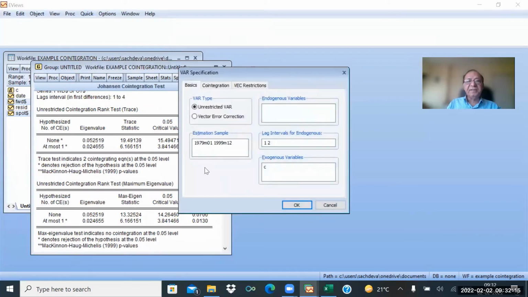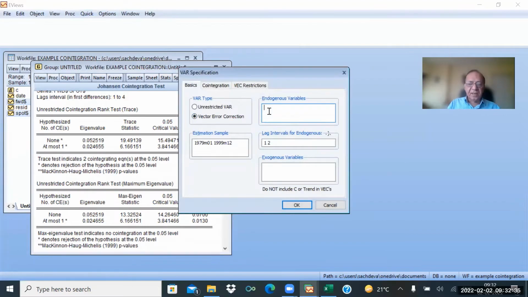Now in estimating VAR, the first choice is an unrestricted VAR or vector error correction. So we will see that there is one cointegration equation. We will assume it is going to work with one cointegrating equation.